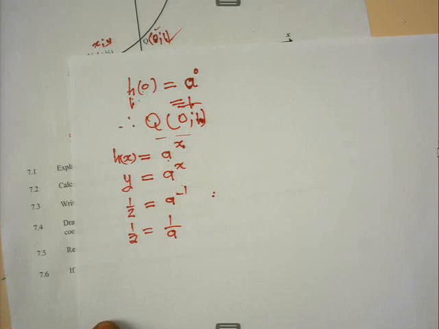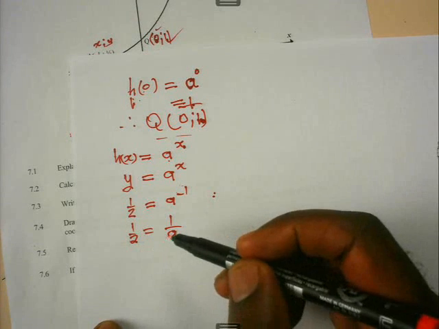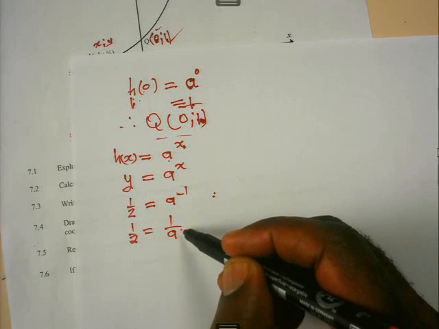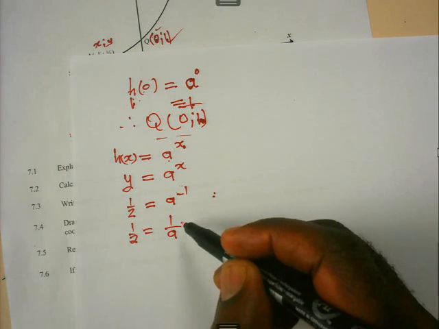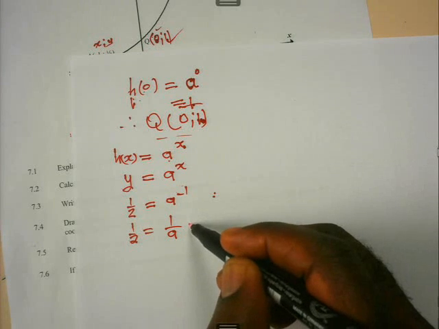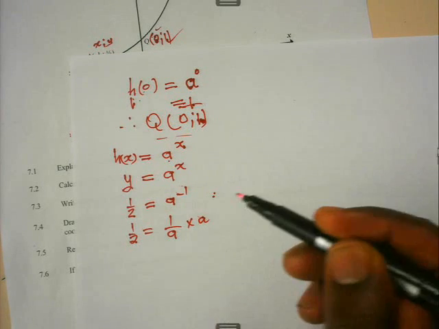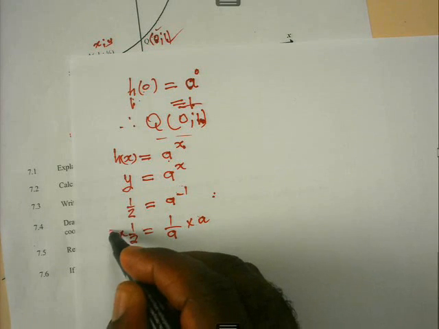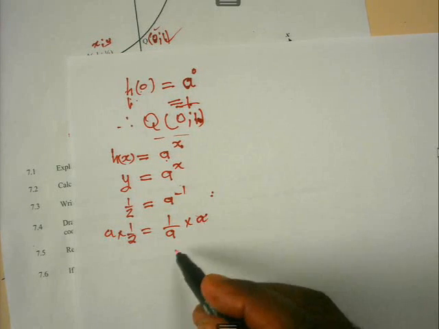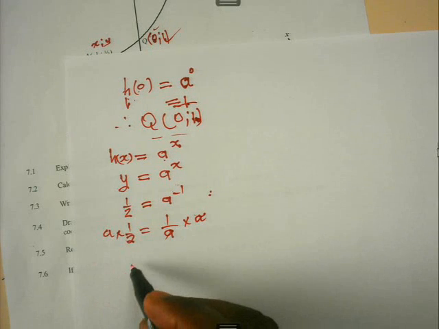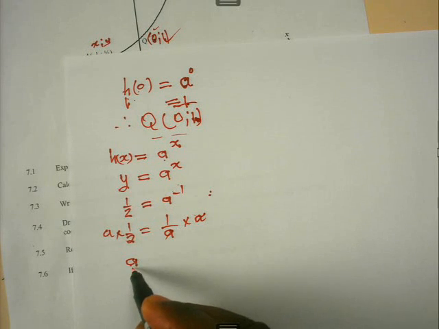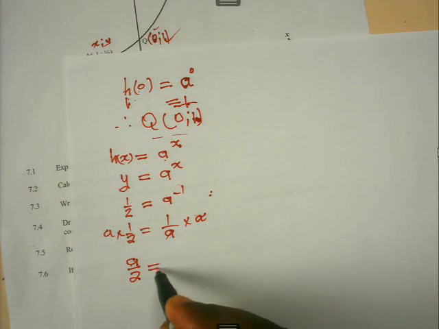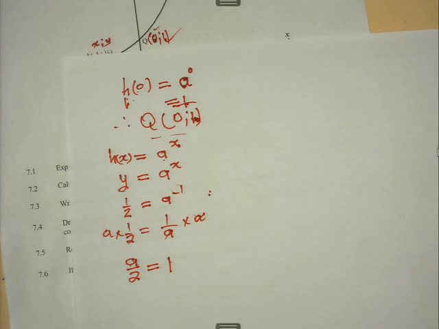Now here, what I must do is get rid of a. How do I get rid of a? I multiply everything by a. If I multiply by a on this side, I must multiply by a on that side. So this a will cancel with that a, and here I'll have a/2, which is now equal to 1.